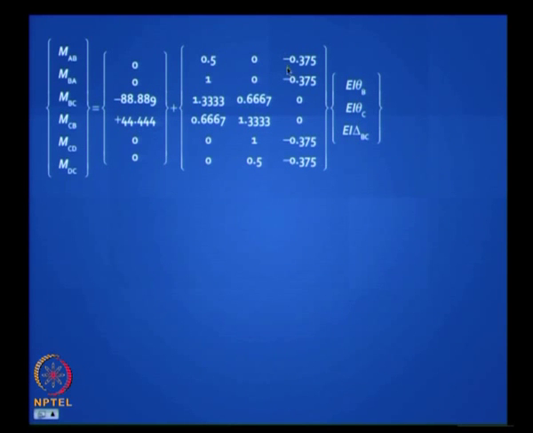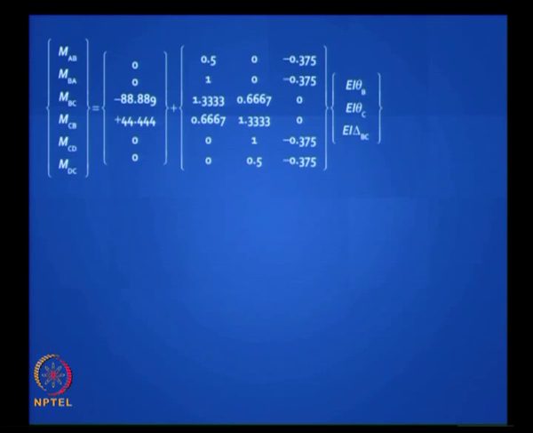These are my coefficients related to EI theta B, EI theta C and EI delta BC, which come from either 4 EI by L or 2 EI by L or 6 EI by L squared, right. And if somehow I get the answers for EI theta B, EI theta C, EI delta, then I just plug it in, I get the final answers, very simple.